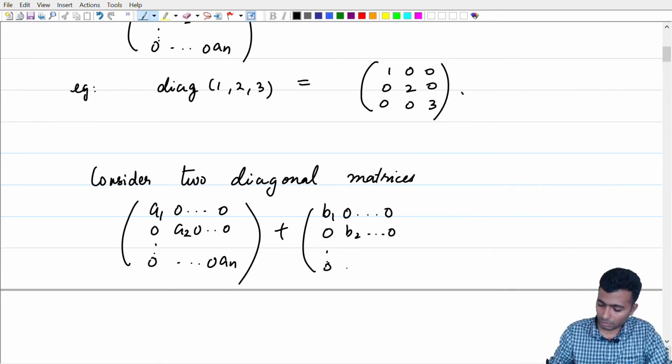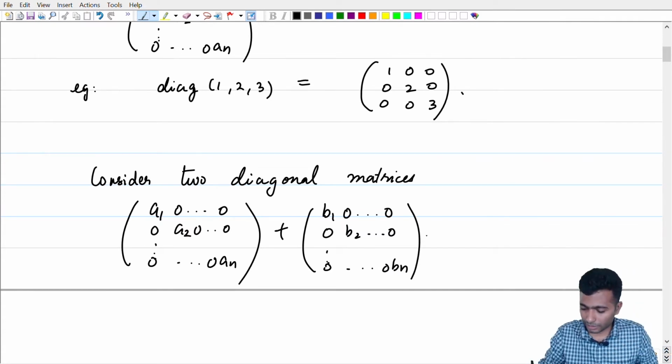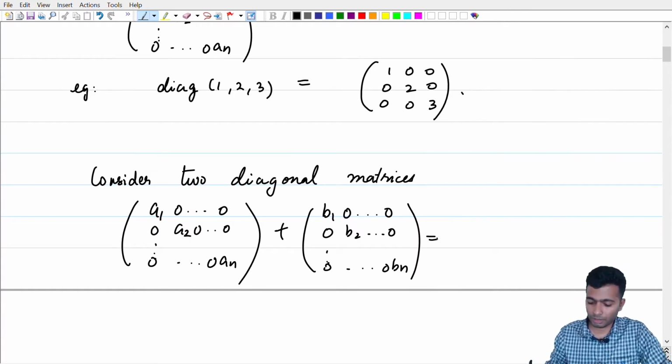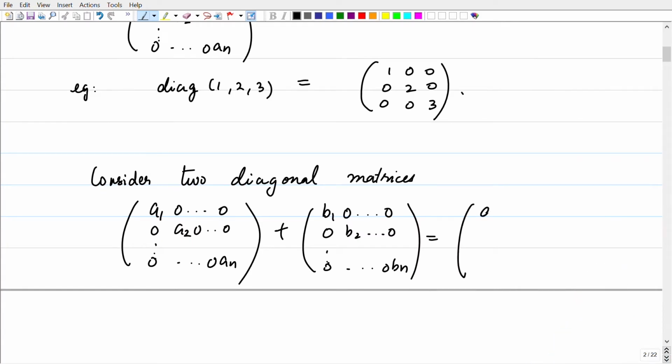This will give us, by the very definition of matrix addition, a1 plus b1, 0, 0, 0, a2 plus b2, 0, dot dot dot, 0, an plus bn.